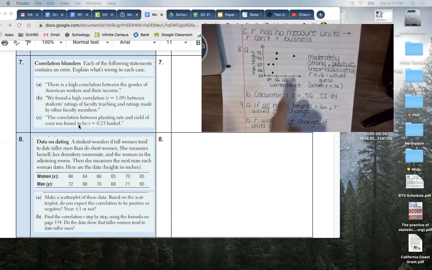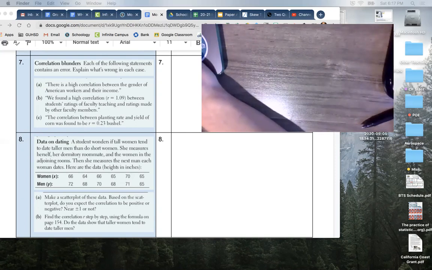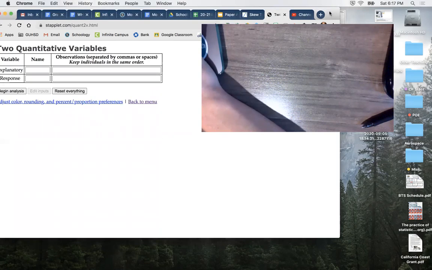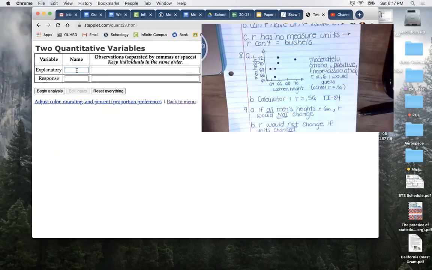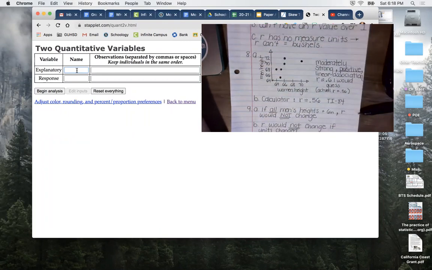In number 8, you'll notice that I actually did a scatter plot by hand, but I'm going to take you over right now to look at how to do this in our Statlet, which I think is more useful and something that you can use moving forward. So what I would do for this one, and I'll actually leave this up so you can compare them, I would probably put that my explanatory variable is women's heights, and then the response is men's.